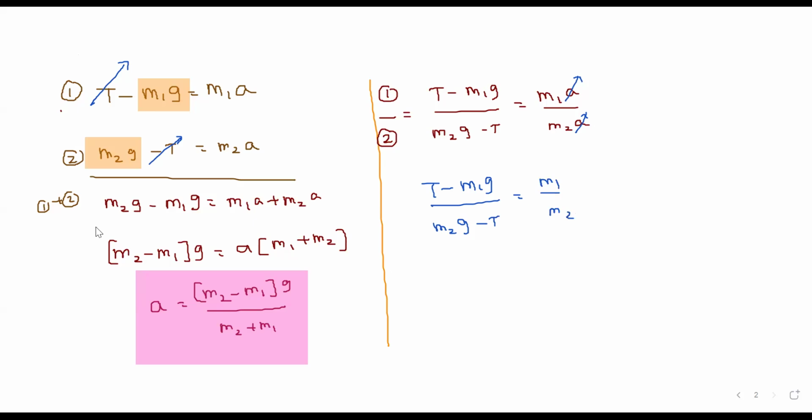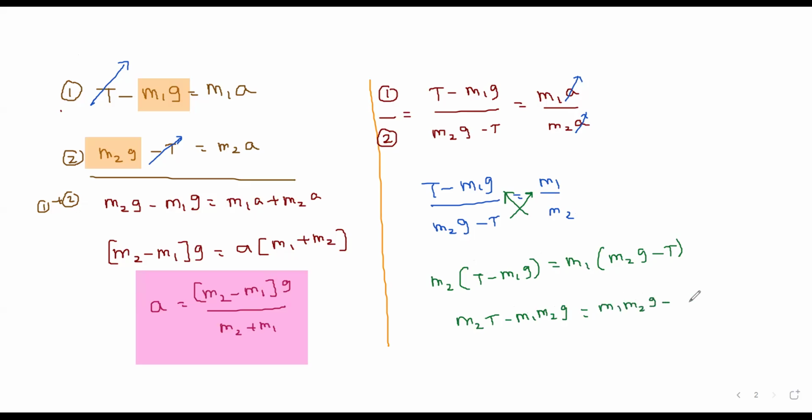Whenever we are going to cross multiply, this into this, this into this: M2 into T minus M1G equals M1 into M2G minus T. Open the bracket: M2T minus M1M2G is equal to M1M2G minus M1T.